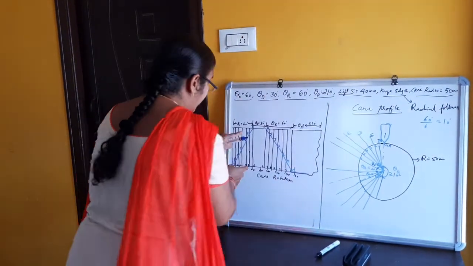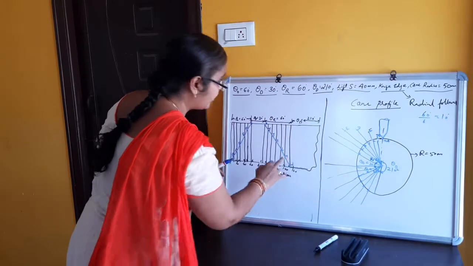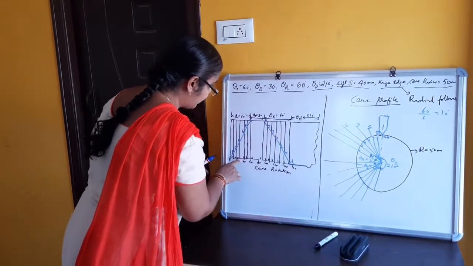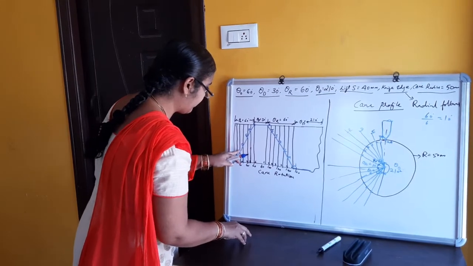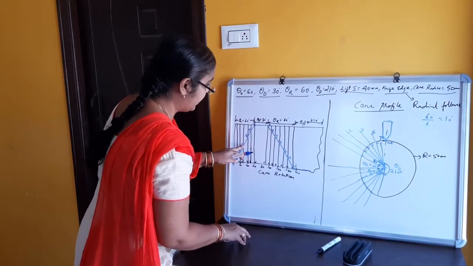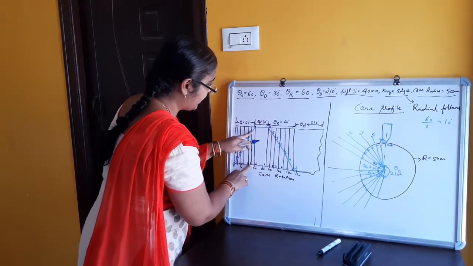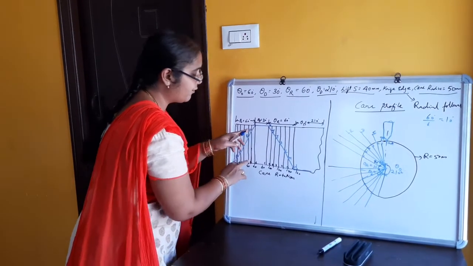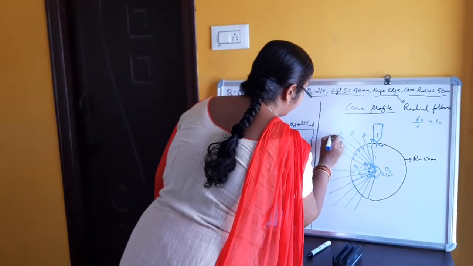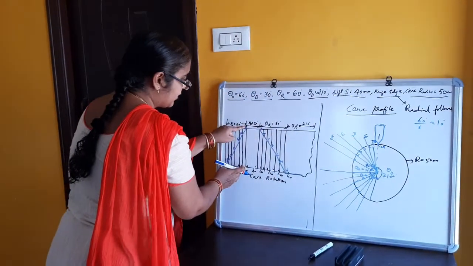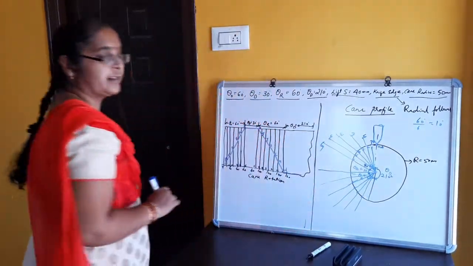Next 5 to E. Sorry, 4 to D. 0 comma A, 1 comma B, 2 comma C, 3 comma D, 4 comma E, right? 5 comma F. Transfer the distance from 5 to F. Similarly, 6 to G. Transfer with the help of an arc.